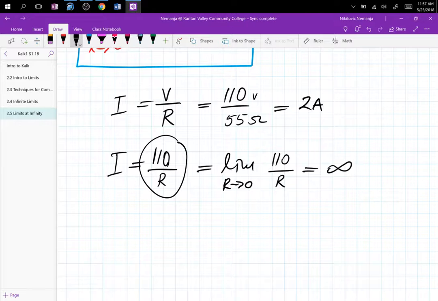Because what is this function? This function is the 1 over x function. You know what that looks like. So as you are going to 0 from the right, you see that this part goes to infinity.